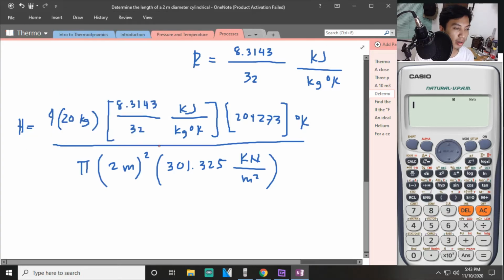Ngayon, cancel natin yung mga same units. Kilogram, kilogram. Degree Kelvin, degree Kelvin. Kilojoule is in kilonewton. Tama, may lalabas ditong M. Yung meter squared, yung meter squared.